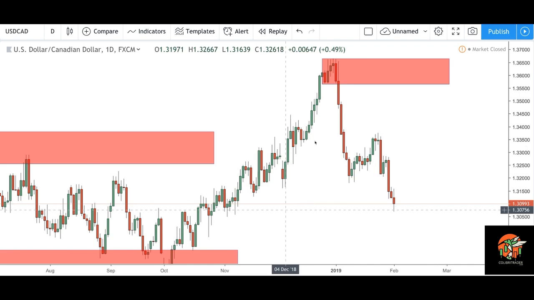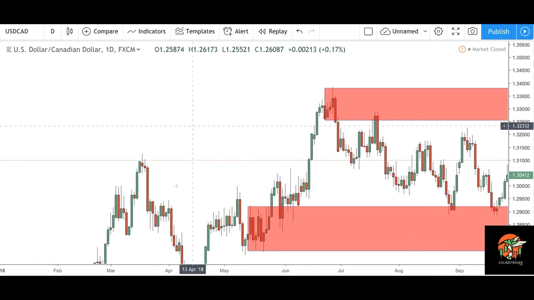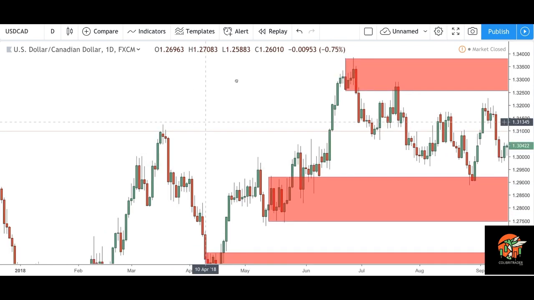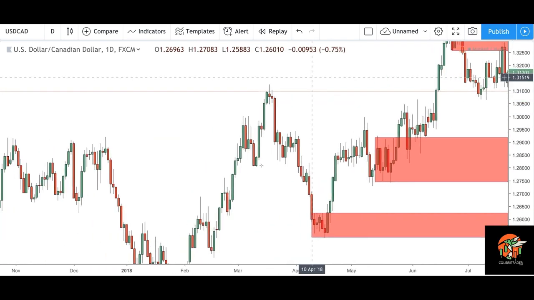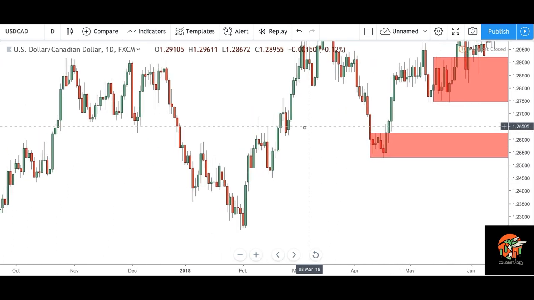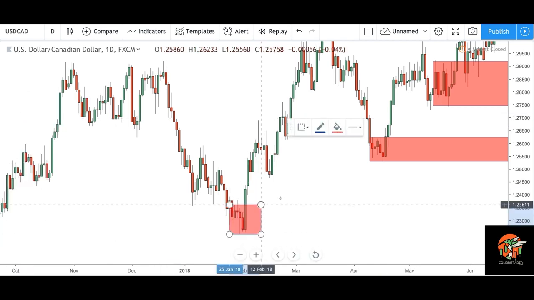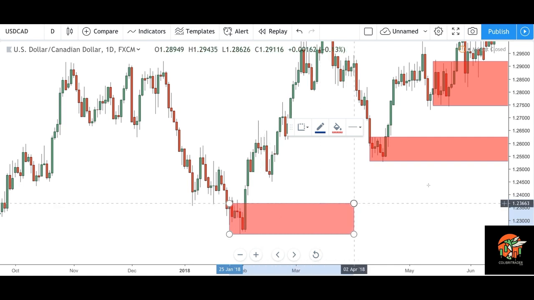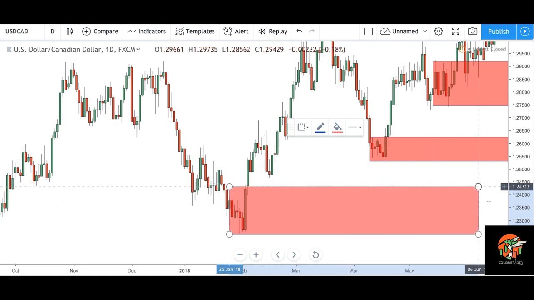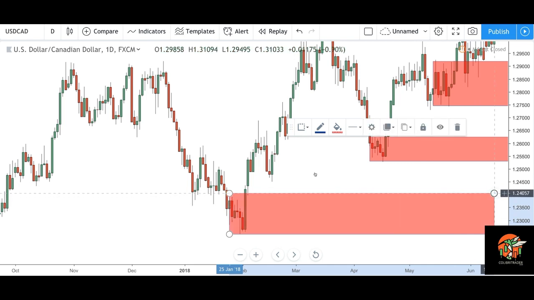Judging by those very sharp and strong bearish candles. So if we go further back in time, and this is actually the first time I'm looking at this chart, I haven't done any preparation before, but as you can see, it's not that hard to find those zones or clusters. So you have another one here, after which the price jumped very sharply to the upside.